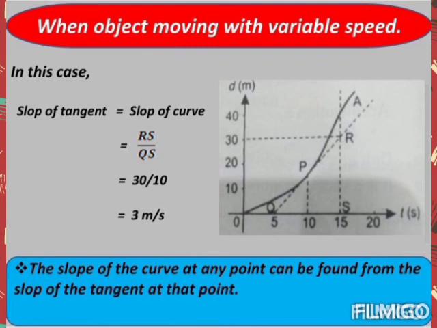So 15 minus 5 is equal to 10. So 30 divided by 10 is equal to 3 meter per second. The slope of the curve at any point can be found from the slope of the tangent at that point. So 3 meter per second is the variable speed.